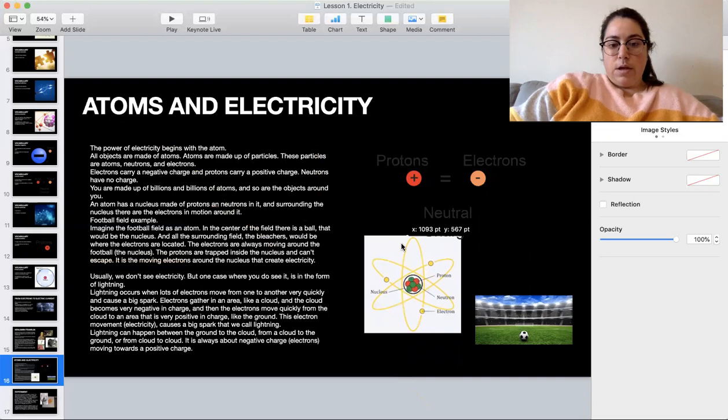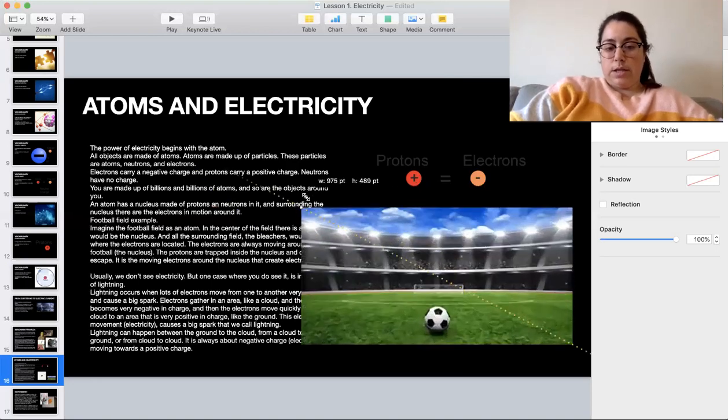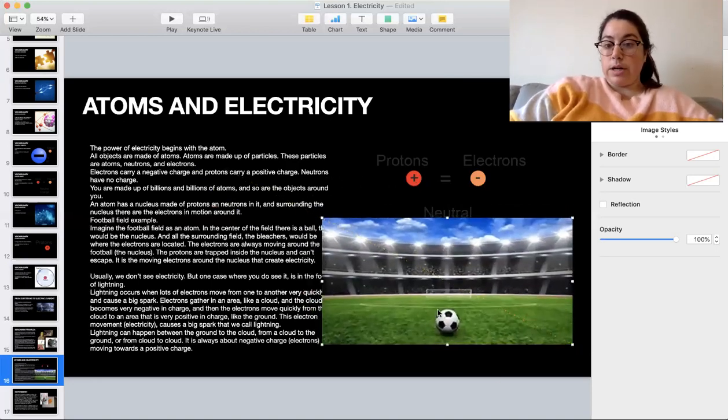You are made up of billions and billions of atoms, and also the objects around you. As I explained, an atom has a nucleus with protons and neutrons, and then you have electrons flying around, okay? To give you an example, it's like having a football field with a ball in the middle.